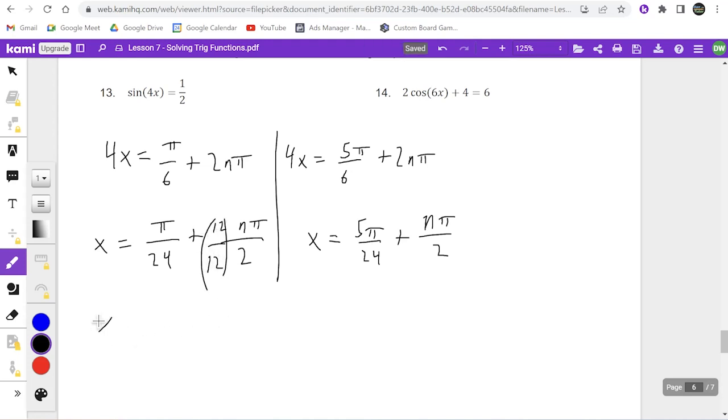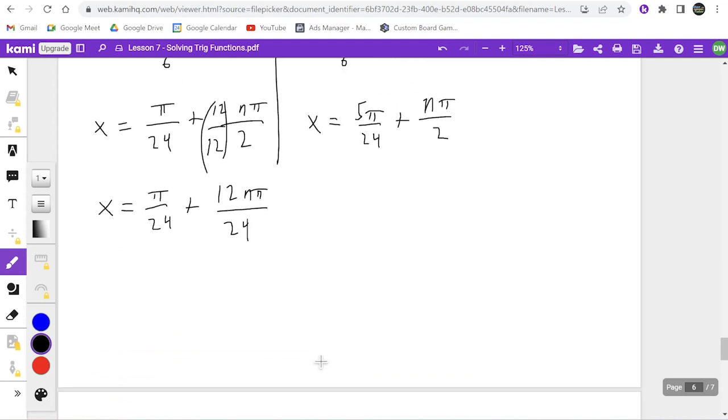And so what that means is x equals pi over 24 plus 12n pi over 24. Let me write out the first few values for n and you'll see what I get. So the first number is when n is 0, you get pi over 24, obviously. The next answer is add 12. Every time I'm going to add 12, because that's my numerator.